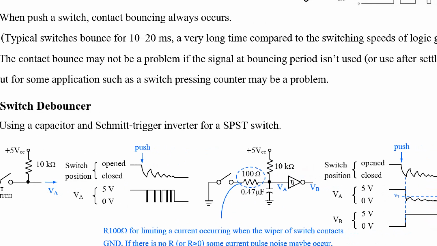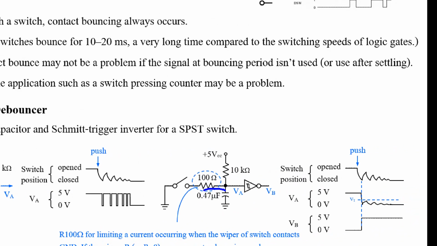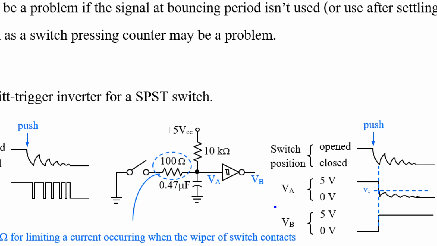Okay, to solve this, you need to use a capacitor. For example, this one. Let's focus on this point at first, VA. And this one is very low resistance. Now let's start from open circuit. At steady state, this capacitor acts as very high impedance or high resistance.